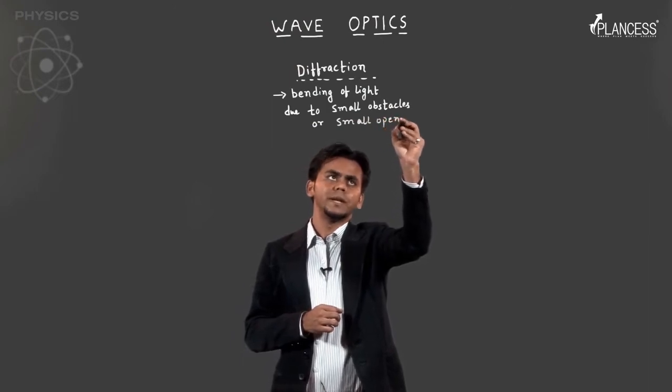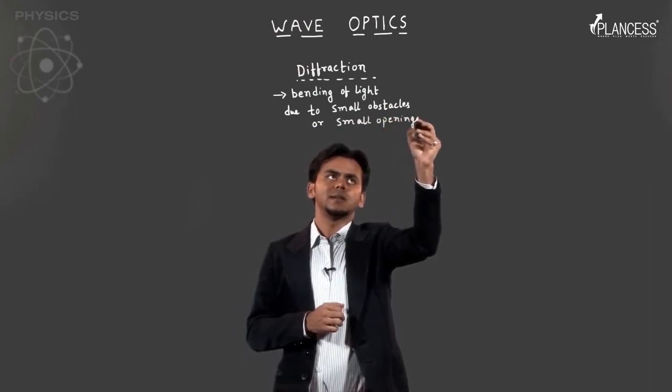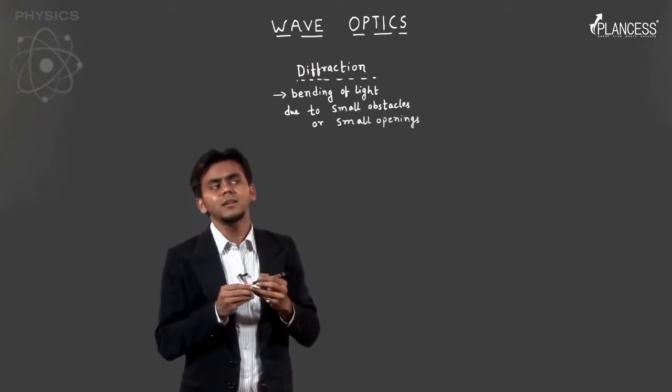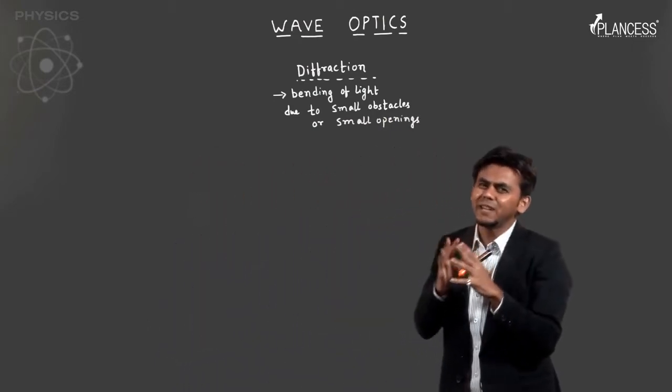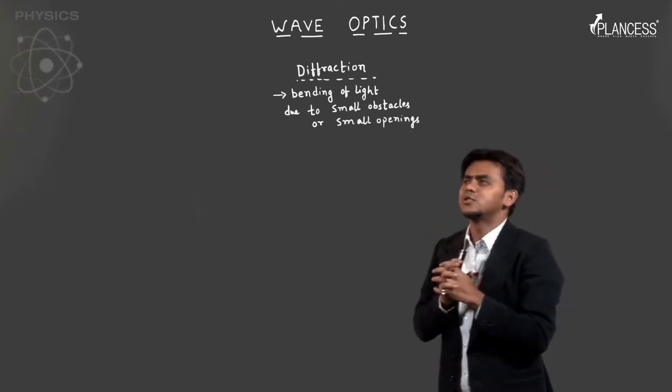So if I have small openings and obstacles, by small I mean comparable to the wavelength of light, I'll observe a bending of rays of light.